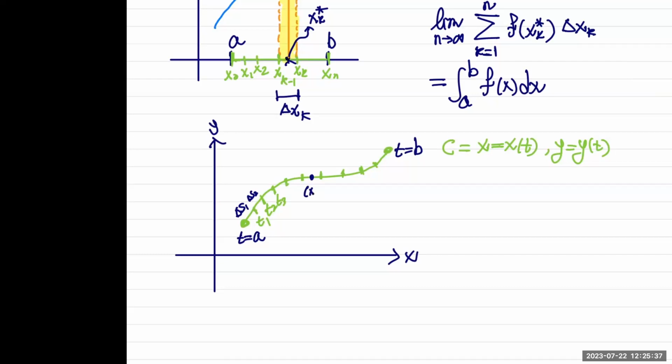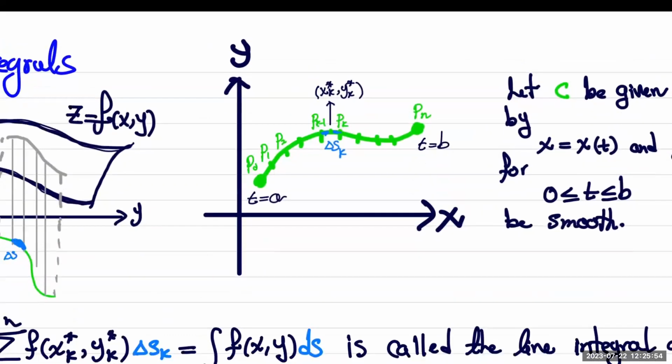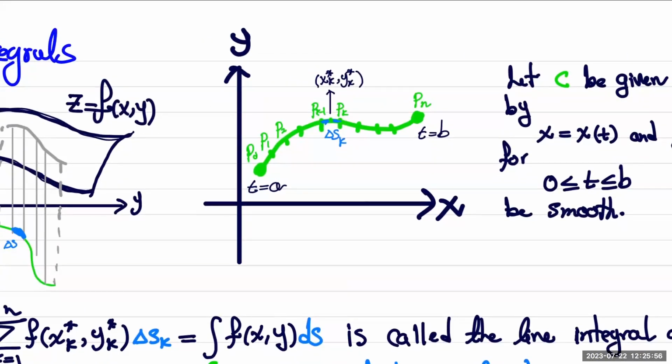All right, and also consider a sample point inside one of the intervals. We'll call that x sub k star, y sub k star. I actually do have a better picture that I'm going to show you here. All right, so this is our curve in 2 dimensions that we broke into n sub-arcs. And this is p sub 0.